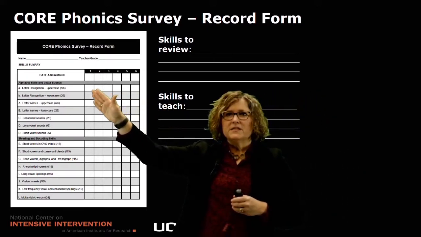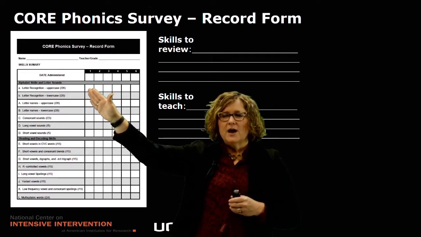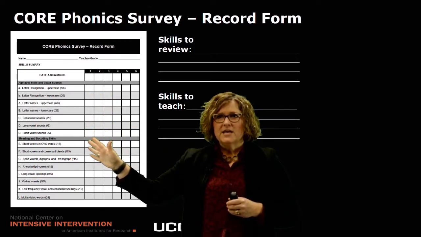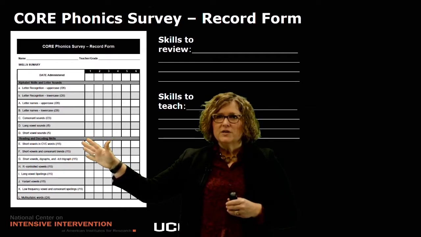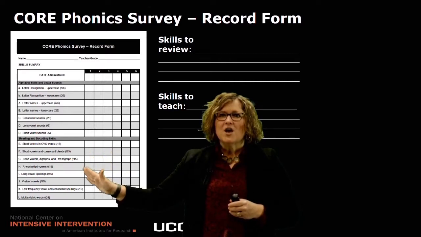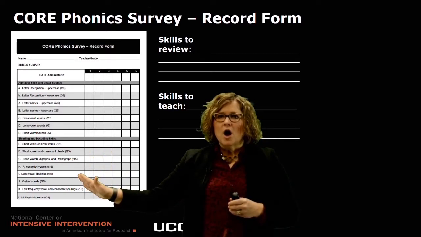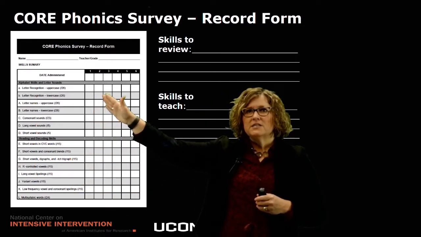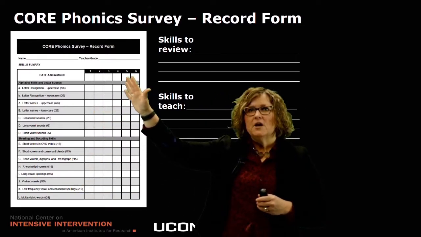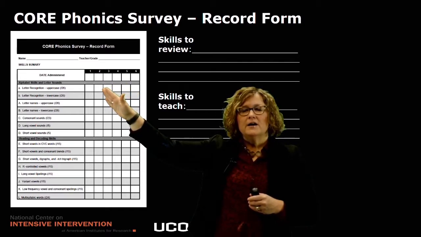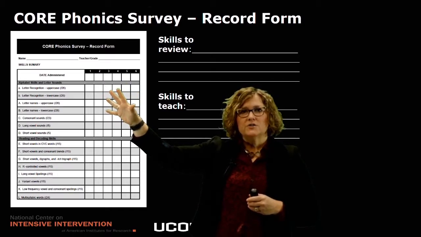So we've got things like letter recognition, uppercase, lowercase, letter names, consonant sounds. Down here we've got decoding skills like short vowels and CVC words, all the way down to long vowel spellings, multisyllabic words. You can see that the teacher would have the opportunity 6 different times to collect data on 6 different dates on this record sheet.